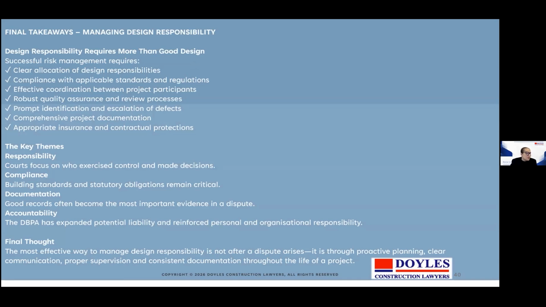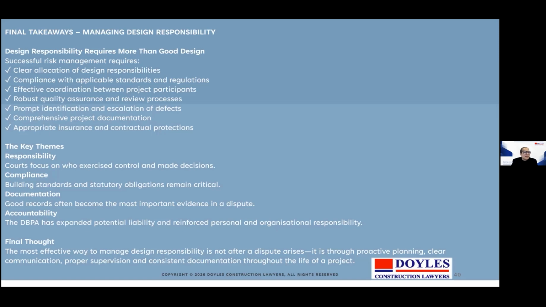Successful risk management requires clear allocation of design responsibilities, compliance with applicable standards and regulations, effective coordination between project participants, robust quality assurance and review processes, prompt identification and escalation of defects, comprehensive project documentation, and appropriate insurance and contractual protections.